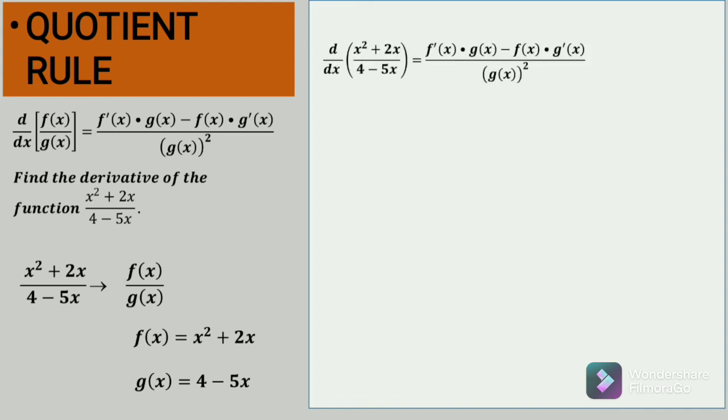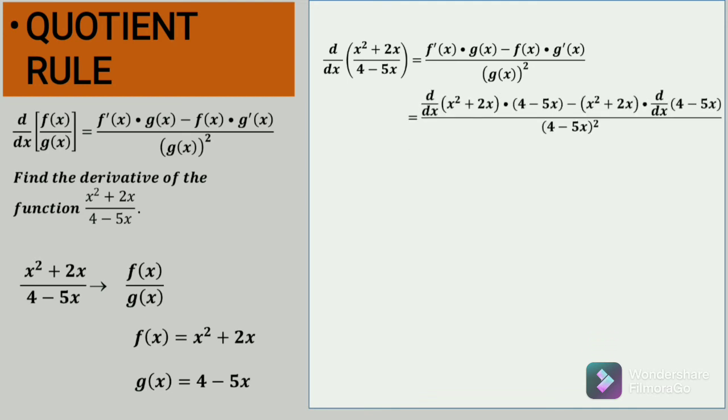So the derivative of x squared plus 2x over 4 minus 5x is equal to f prime of x times g of x minus f of x times g prime of x over g of x squared. Then let's substitute. Our f prime is the derivative of x squared plus 2x.